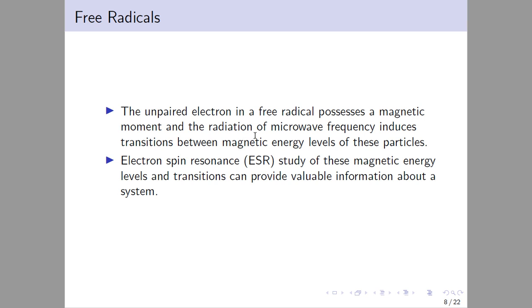Okay, and when we use the electron spin resonance equipment, ESR, we can study this magnetic energy level and the transition, so it can provide valuable information about the system or about the molecule. What are the molecule or atoms involved?